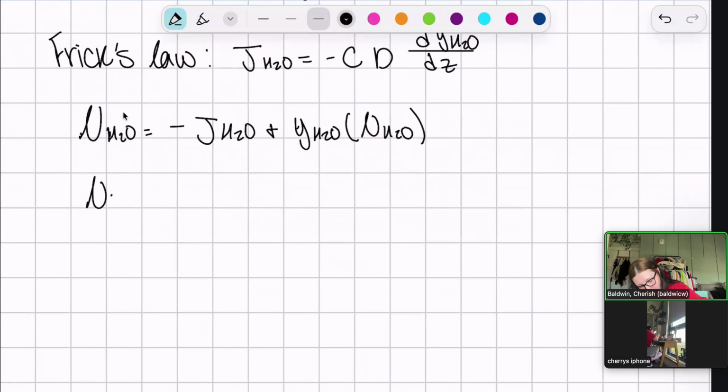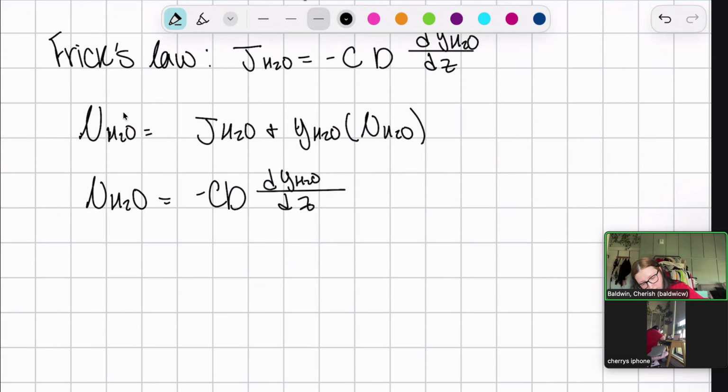So N H2O is equal to negative C D dY H2O dz plus Y H2O N H2O. Now let's simplify these.